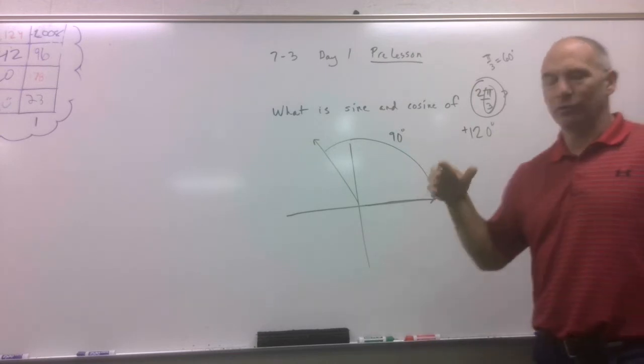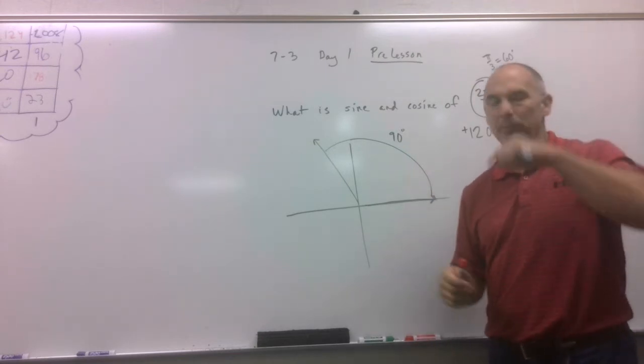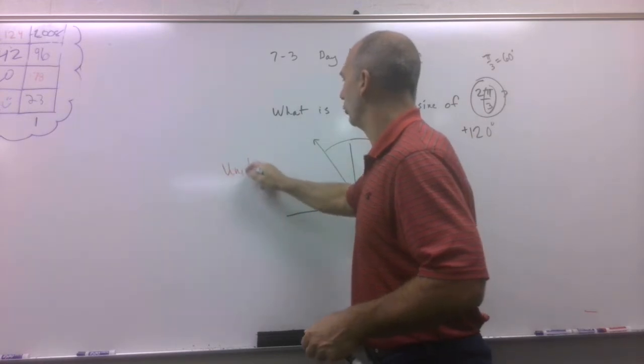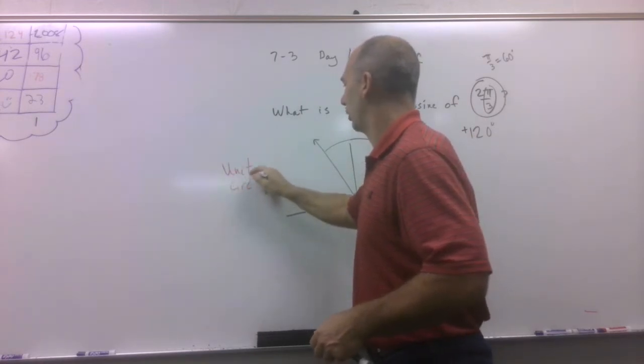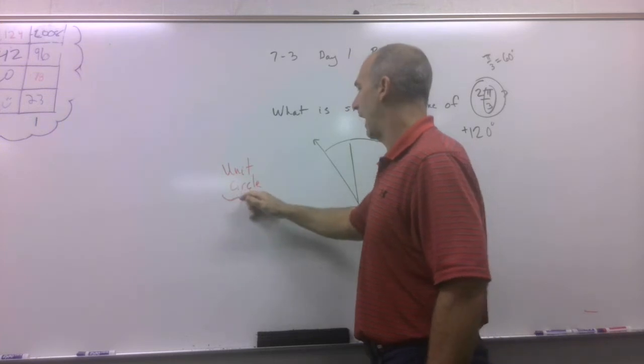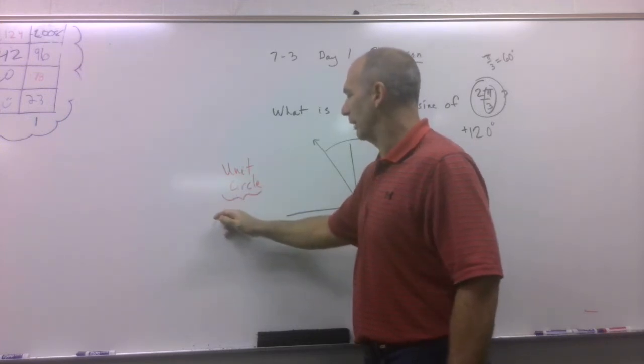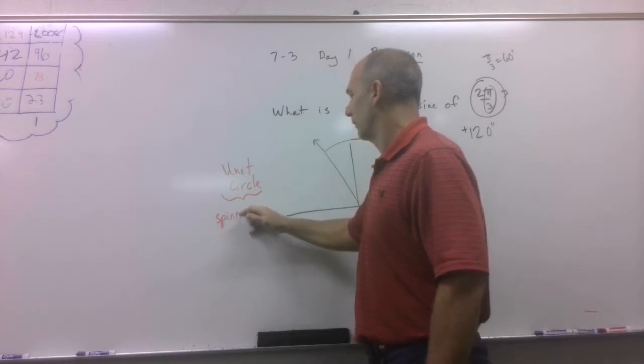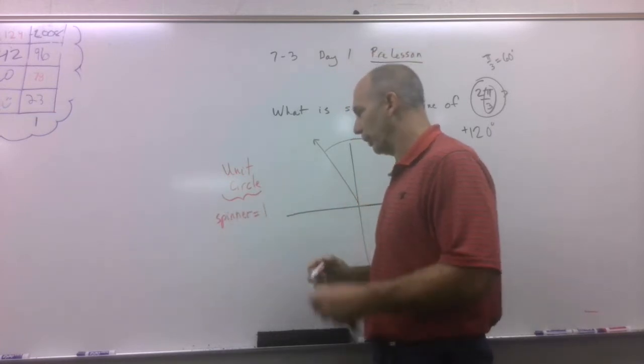Now, to just eliminate some confusion, the book always uses what's called a unit circle. And when you see that, they're telling you let the spinner always equal 1 unit.